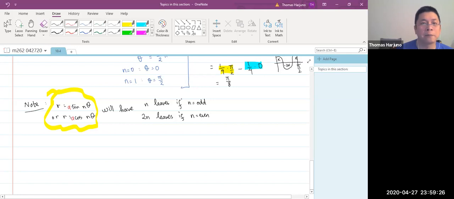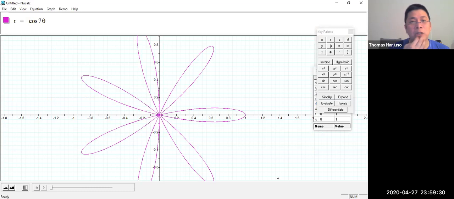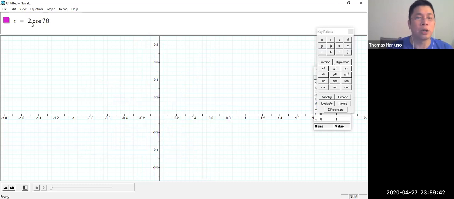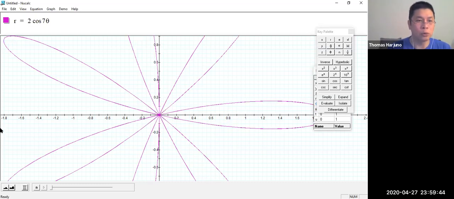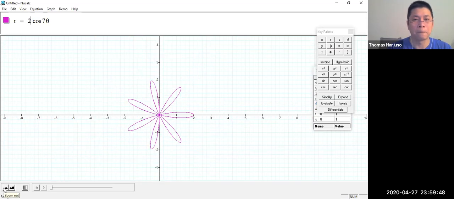Let me go back. Notice that this is a rose, or flowers, with radius 1. Now putting a number in front of that, let's say I insert 2 here, it will make the rose stretched to radius 2.